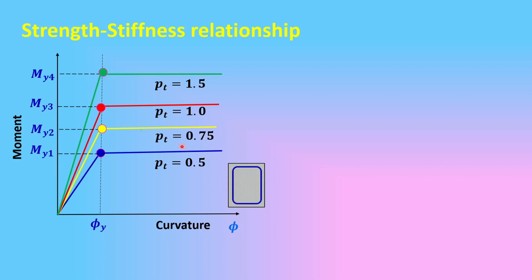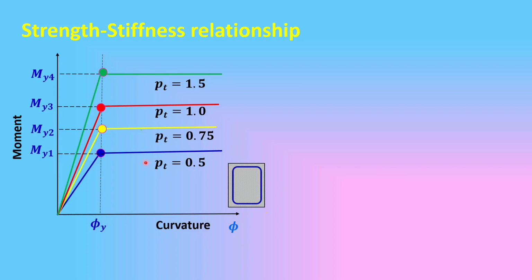Then when the percentage steel is higher, your curve is raised to this level, yellow curve. Percentage steel 1%, it is raised to this red curve. And for 1.5% steel, the green curve is drawn. These are moment curvature diagram lines. As we observed earlier, the yield curvature does not change, so phi y line is constant here.